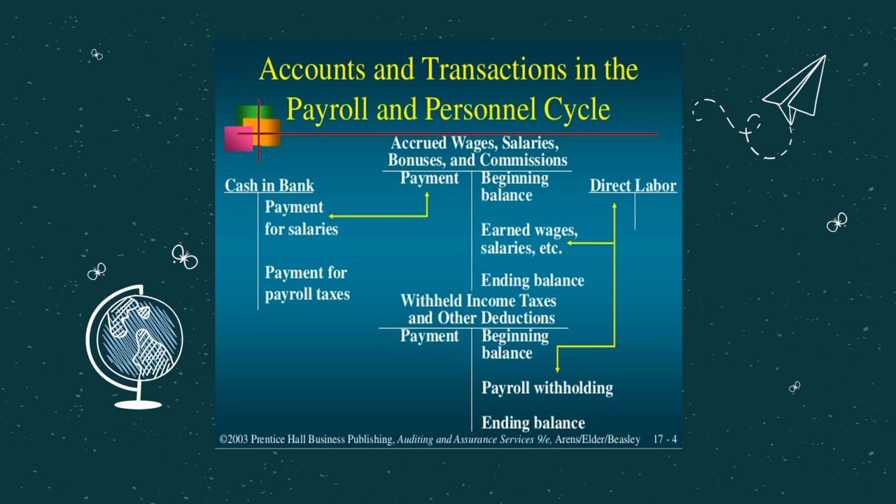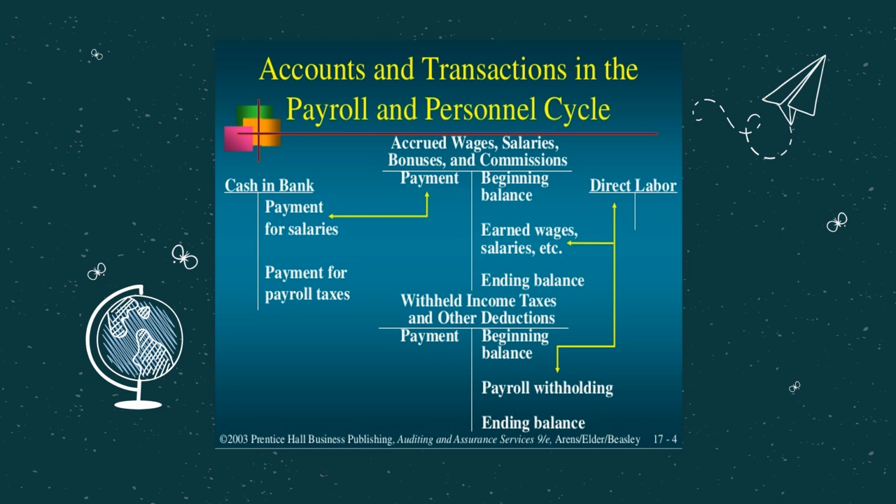The accounts and transactions in the payroll and personnel cycle. Typical accounts in the payroll and personnel cycle are shown in the figures. The accounts are used to illustrate the way in which accounting information flows through the various accounts in the payroll and personnel cycle.